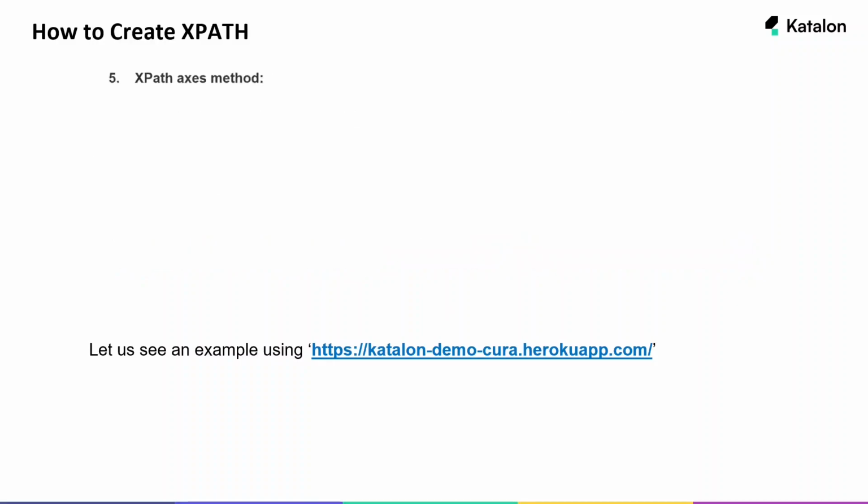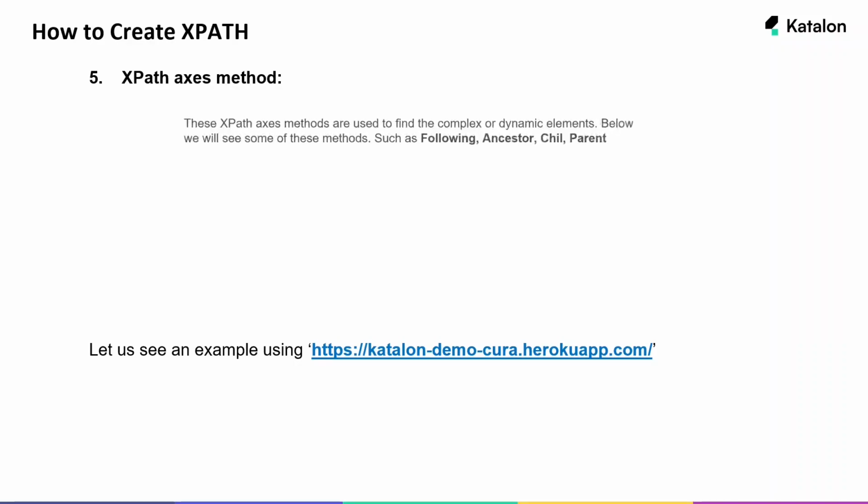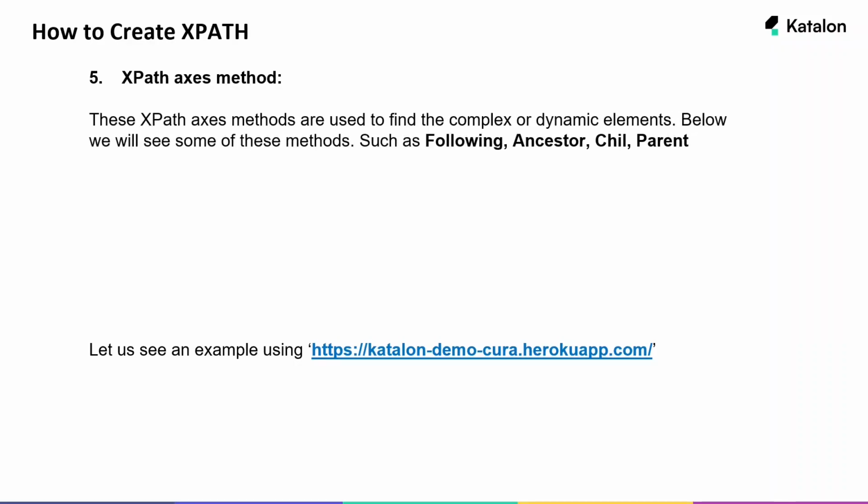So now let us go to how we can create XPath by using axes methods. These XPath axes methods are used to find complex or dynamic elements. Below, we will see some of these methods. Within axes methods, there are following, ancestor, child, or parent.